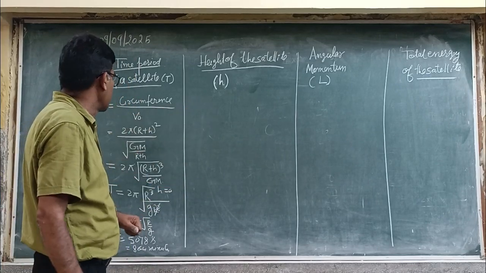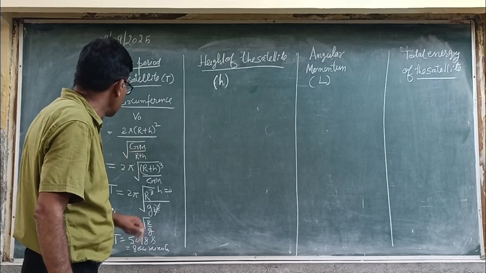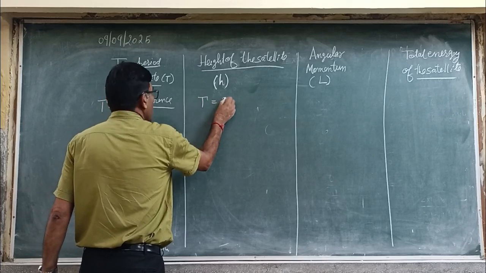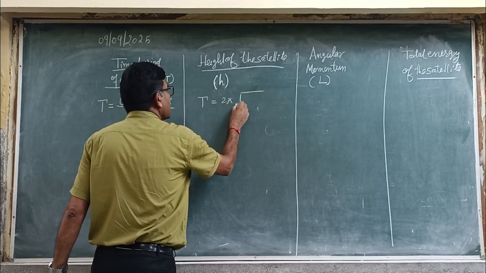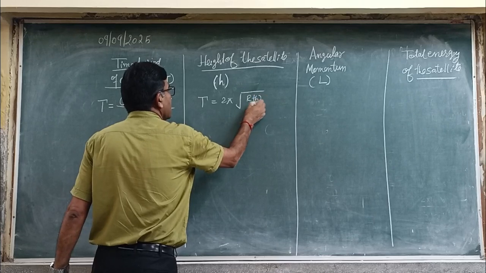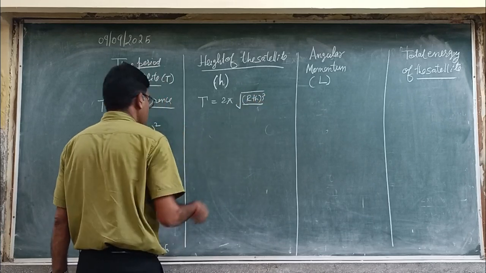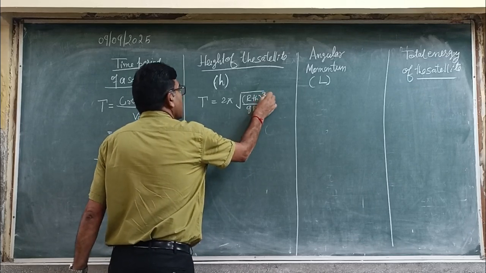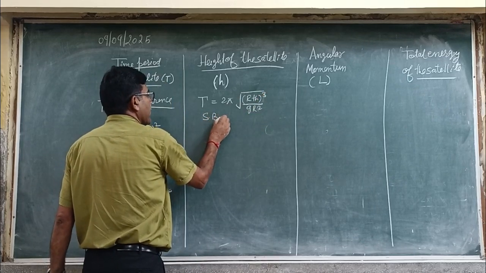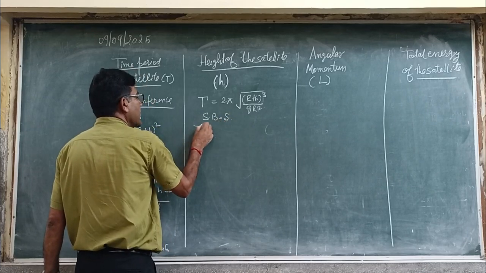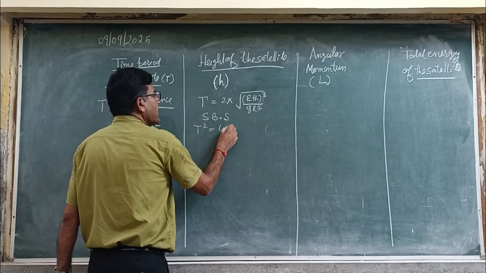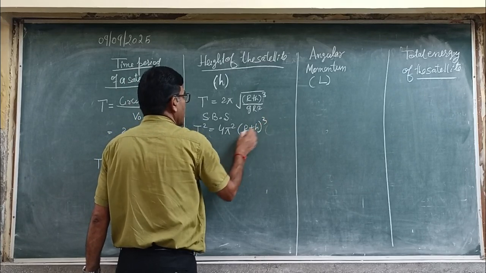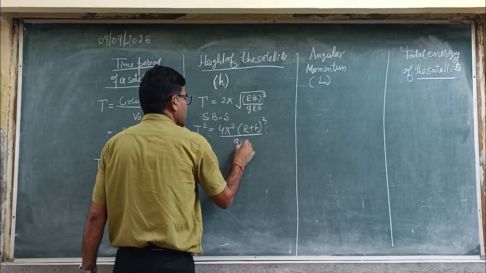Let us see the height of the satellite. Now from this equation, you can write down that T is equal to 2 pi, this is (R plus h) cube upon g R square. Now squaring both sides, what we get, T square is equal to 4 pi square, (R plus h) cube upon g R square.